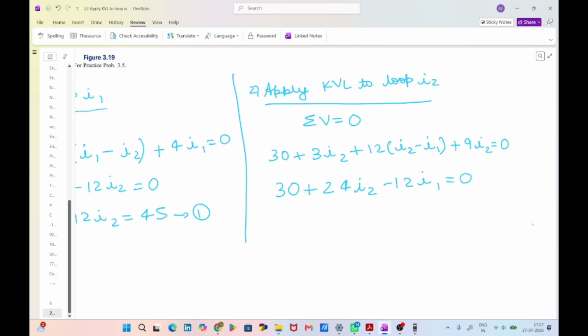Here I move this 24 I2 and minus 12 I1 to this side. It will become 12 I1 minus 24 I2 is equal to 30. Let us consider this as equation 2.